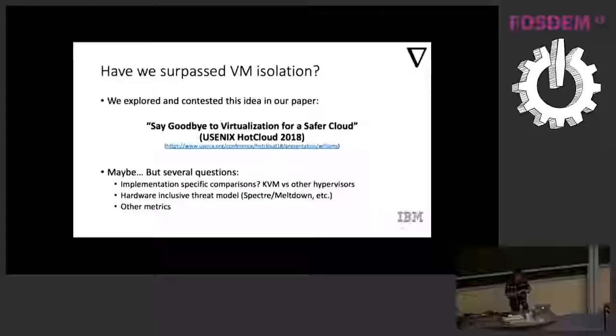The contribution we are making is that you're gaining isolation from the width of the interface and the implementation of what's underneath, rather than using virtualization itself. These are two different ideas, and they can be separated instead of coupled together all the time.